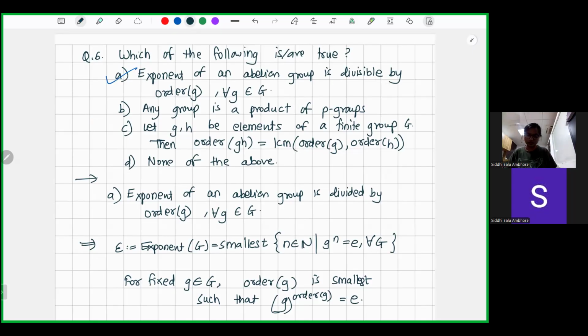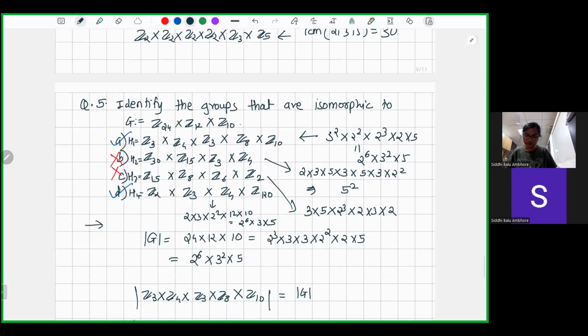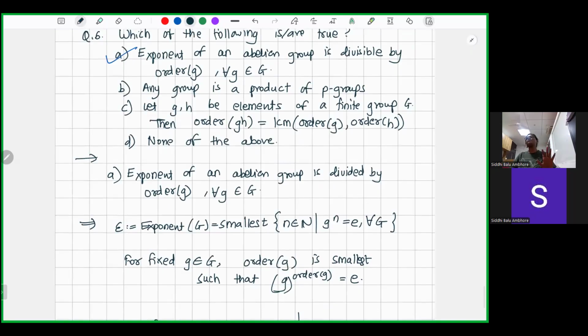Let me just show you what a p-group is. A p-group is a group such that each element of that group has order a power of p.